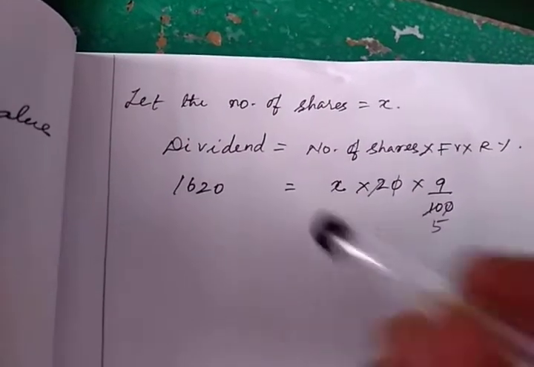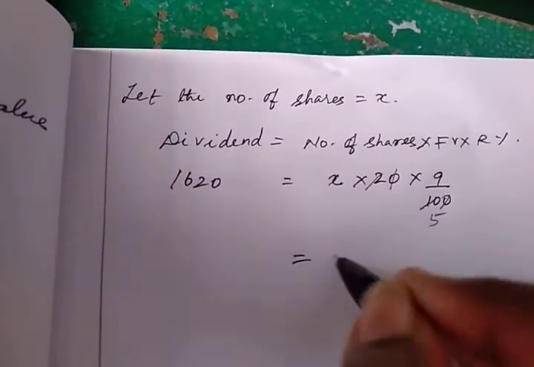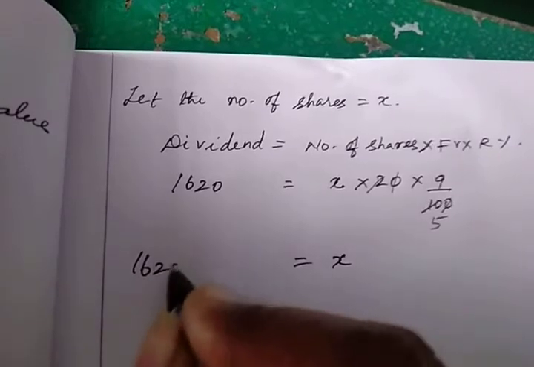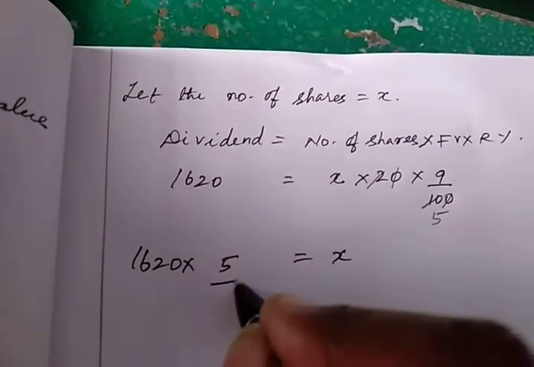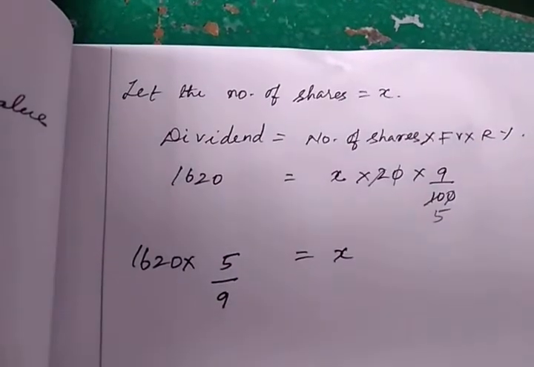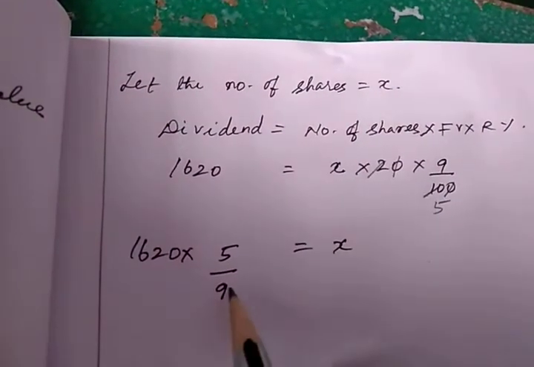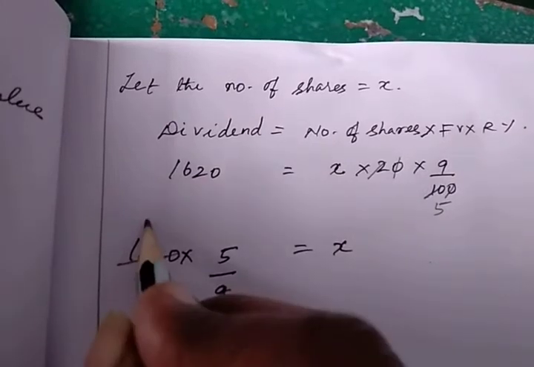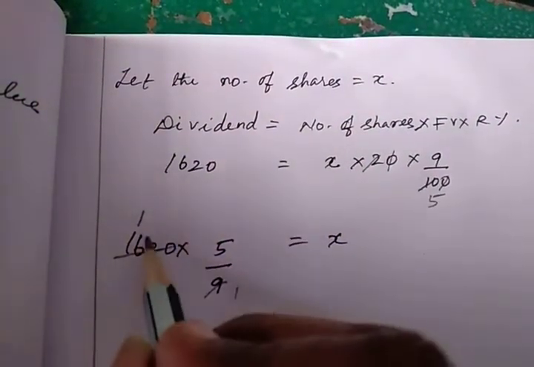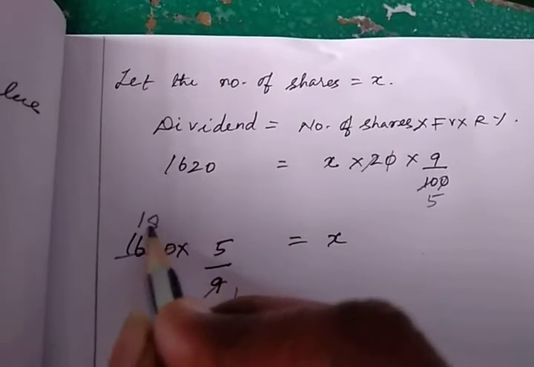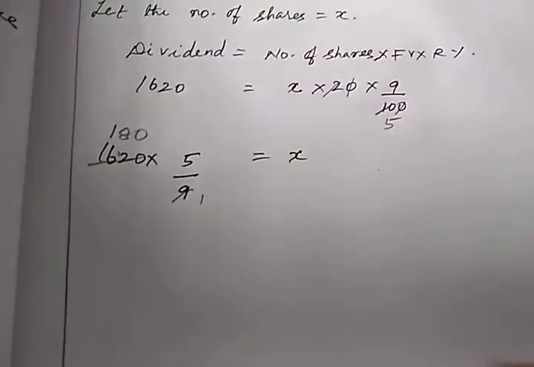So we have to find the value of X here. 1620 into, take this 9/5 to the left hand side, you will have 5/9, that is the reciprocal. Cancel it in the ninth table. 1 9 is 9, 1 9 is 9, 10, 11, 12, 13, 14, 15, 16, 72, 8 9s are 72. So 180 into 5.